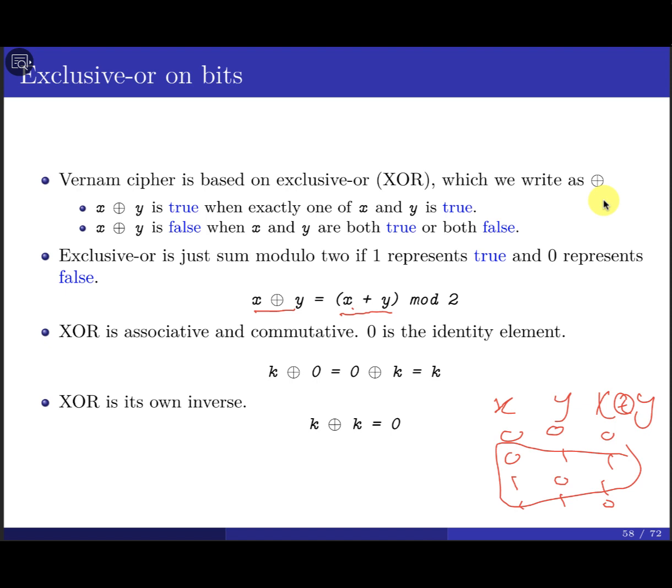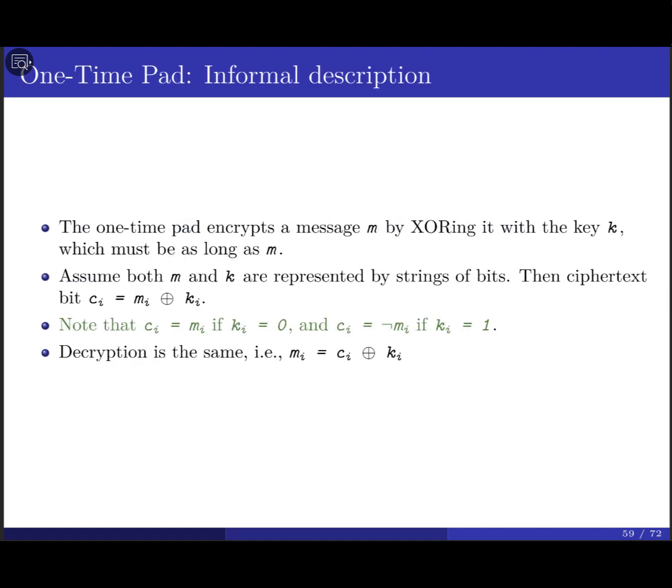It is associative and commutative. 0 is the identity element, so if you have K exclusive OR 0, it is similar to 0 exclusive OR K, which produces K. It is its own inverse: 1 exclusive OR 1 equals 0, 0 exclusive OR 0 equals 0, so an element exclusive ORed with itself produces 0. We're going to use this later to see how it helps us encrypt, decrypt, and work with some properties associated with the one-time pad.